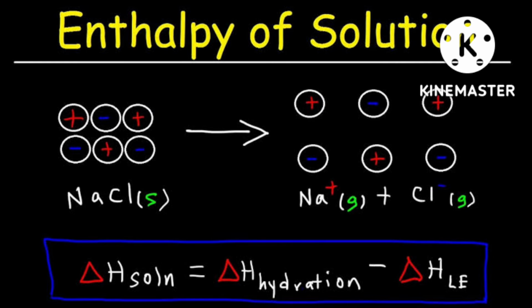Because half Cl2 was in the gaseous form, now it is converted to atom form, chlorine atom. This is called dissociation of chlorine. Correct? This is the third step.